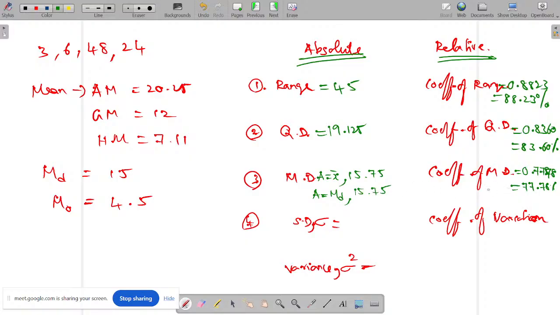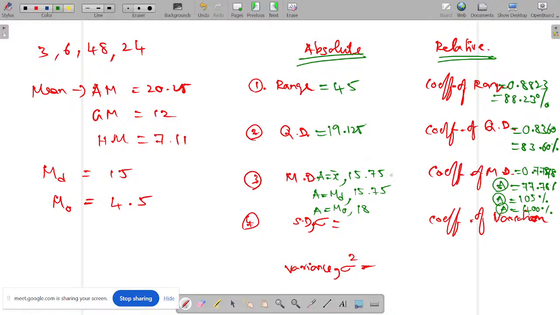Then quartile deviation in this case, coefficient. When A happens to be more, exactly. Okay, here in this case, something is wrong.